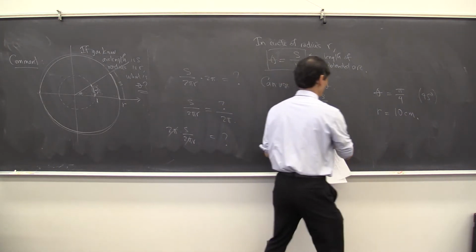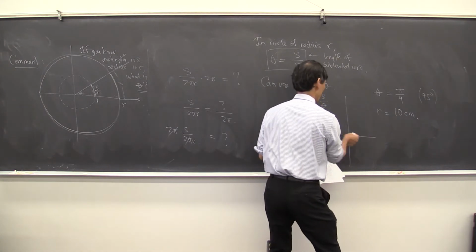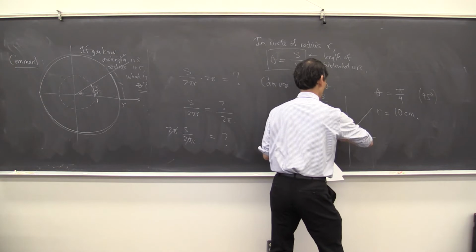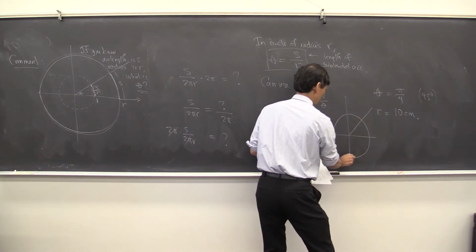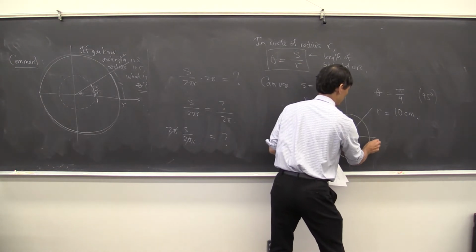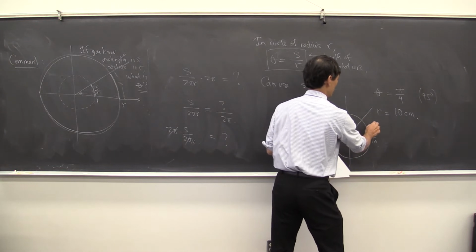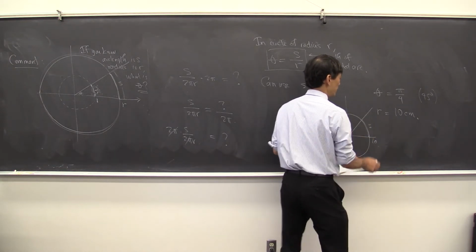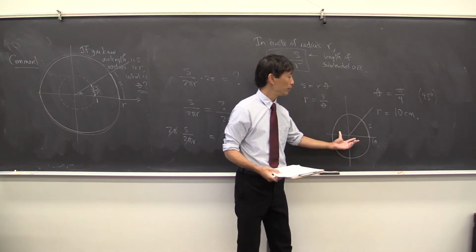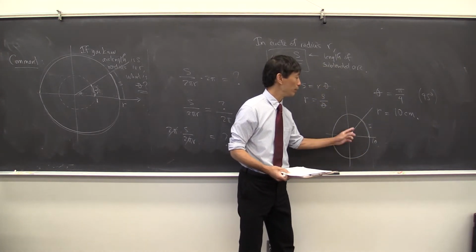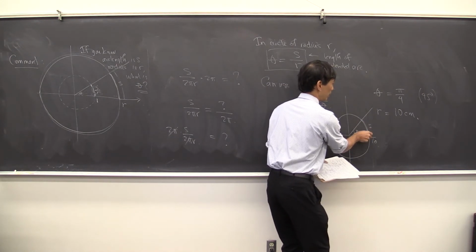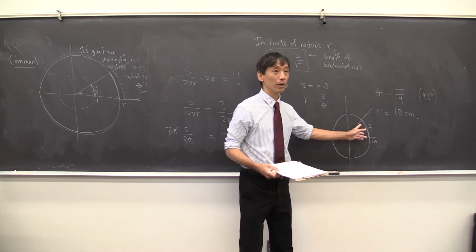Somebody asks, on a circle of 10 centimeter radius, if you take an angle of pi over 4, what's the length of the subtended arc?